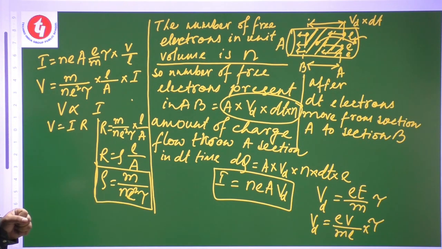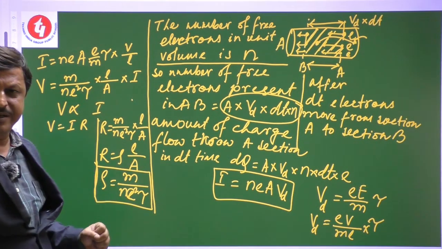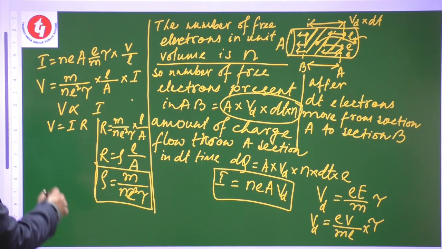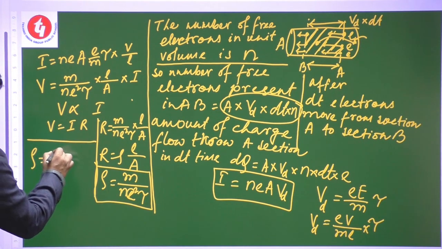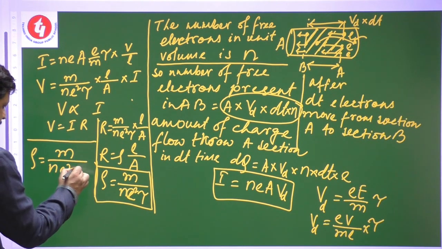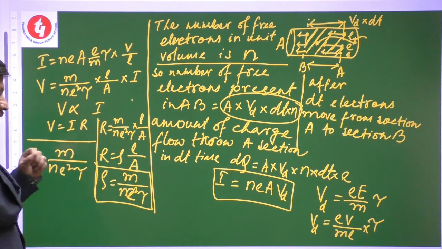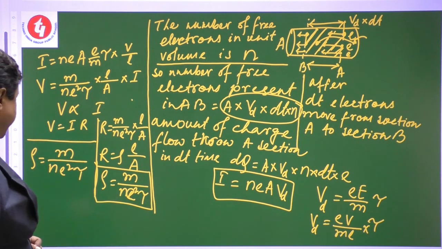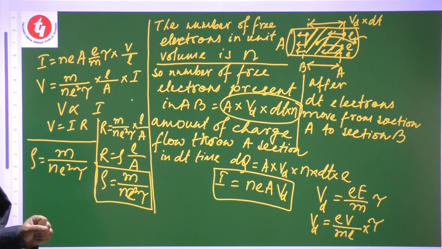So on which factors does resistivity depend? Here m is the constant mass of an electron, e is constant, the charge of an electron.